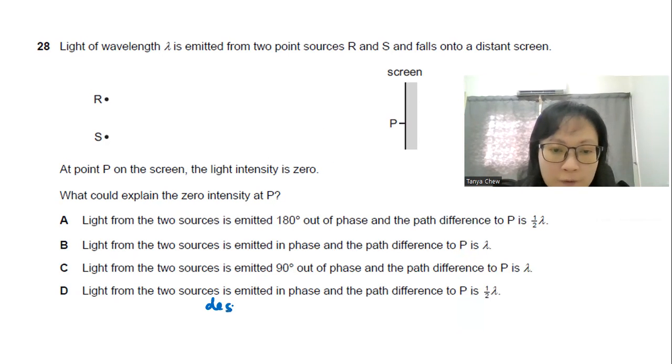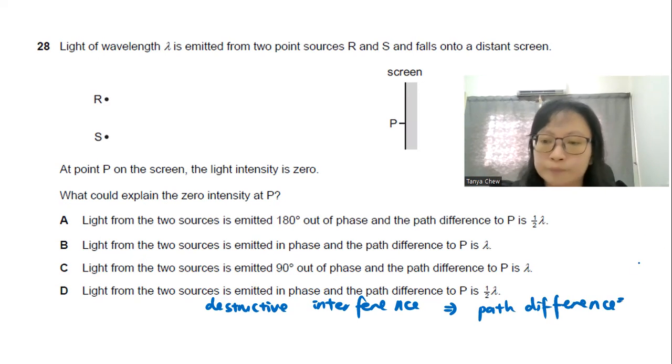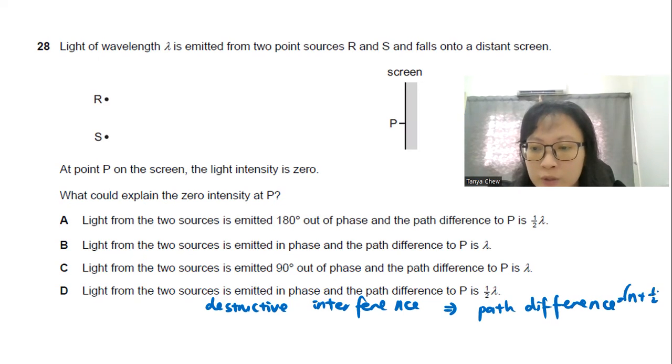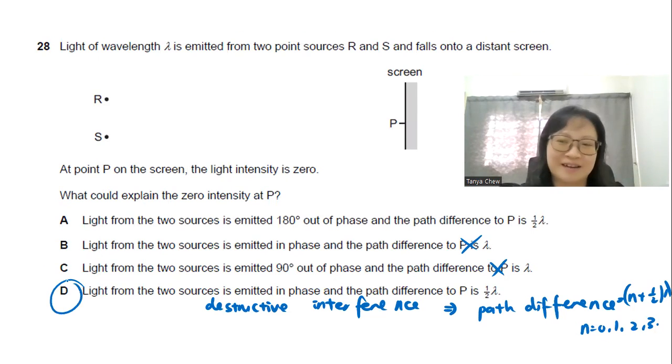For destructive interference, bear in mind the path difference must be equal to (n plus 1/2) lambda. N can be starting from 0, 1, 2, 3, etc. So I will say goodbye to B and C because they are not the answer. Therefore, the answer is light from the two sources is emitted in phase and the path difference must be 1/2 lambda. Yes, D is the answer.